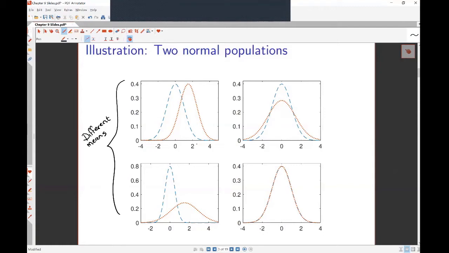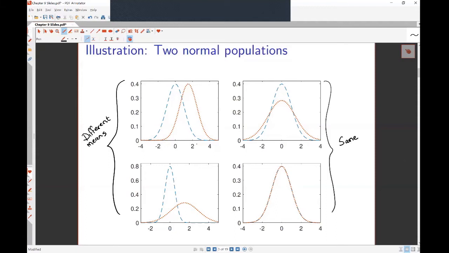The bell curves on the right, each of those represents a scenario where the means are the same. The top right one, the two normal populations have different variances, but bottom right, they're exactly the same.